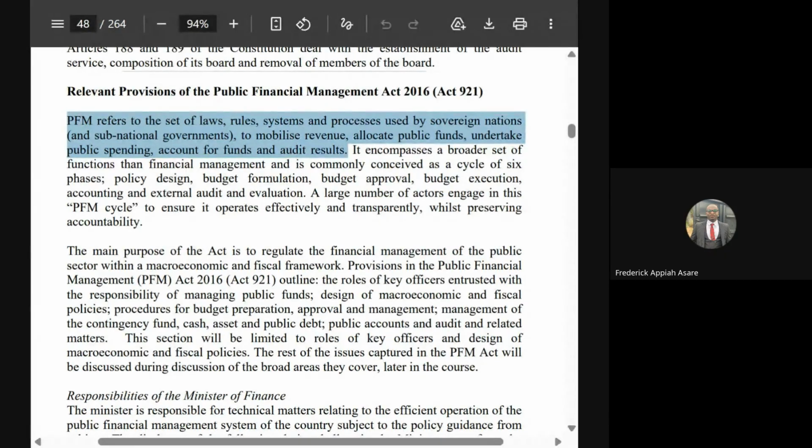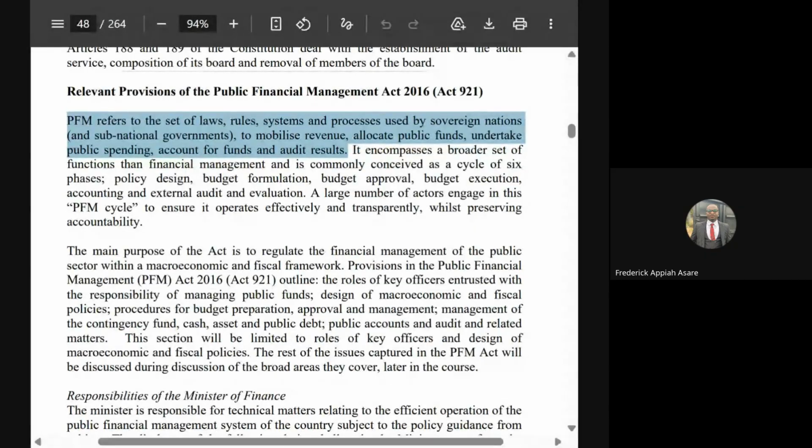So that is what the Public Financial Management Act talks about. That is what the Act tells us.